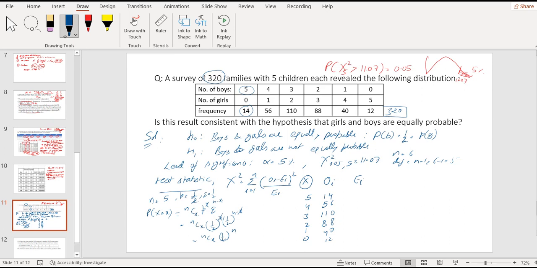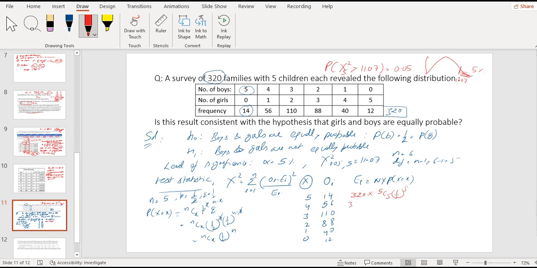And because we need to calculate the frequency, the total number of families is 320, so the formula will be n into the probability of X equal to x. Okay, so what is the formula here? First case, 320 into 5C5 (1/2) raised to the power 5.